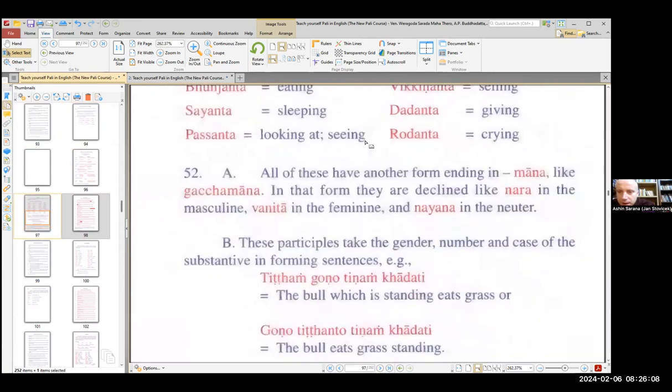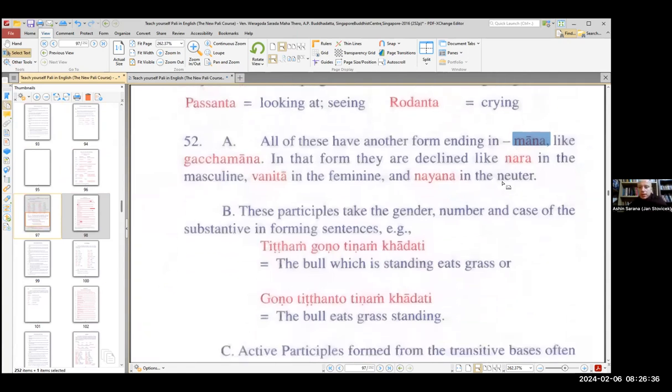So when you have mana, how do you decline mana? So you decline it as nara. That was the very first declension we had, from masculine, vanita from feminine, and nayana in neuter. So you need to be very careful about that. You cannot just say always mana, mana, and we're done. You cannot do that. You need to properly decline it.